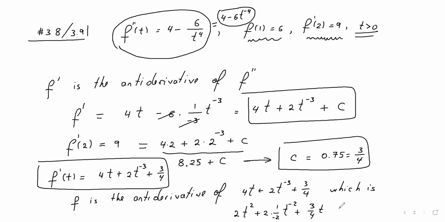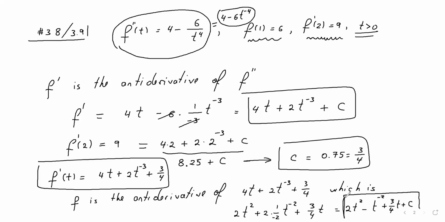And then again, at the end of the day, plus so that simplifies. Let me just say what that simplifies to. That simplifies to 2t squared minus, I should say here instead, because 2t over negative 2 is minus t to the negative 2, plus 3/4 t plus a constant c.